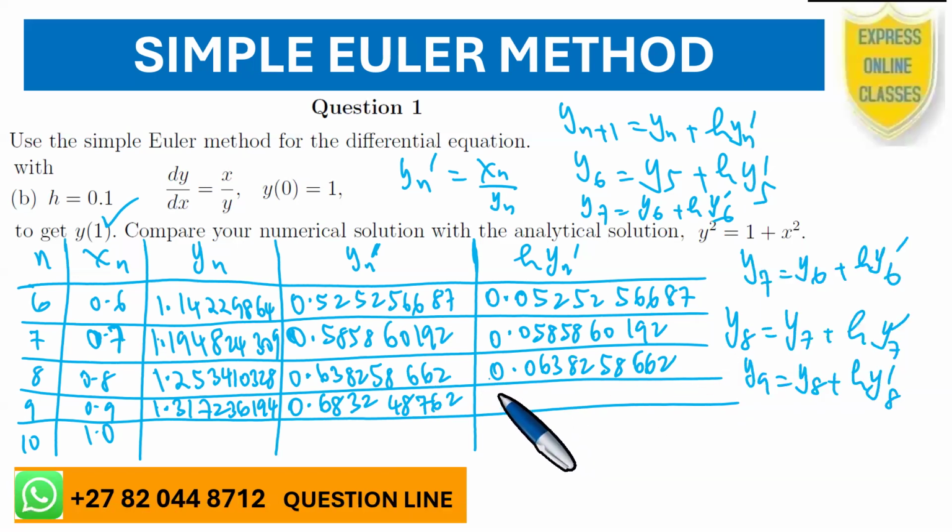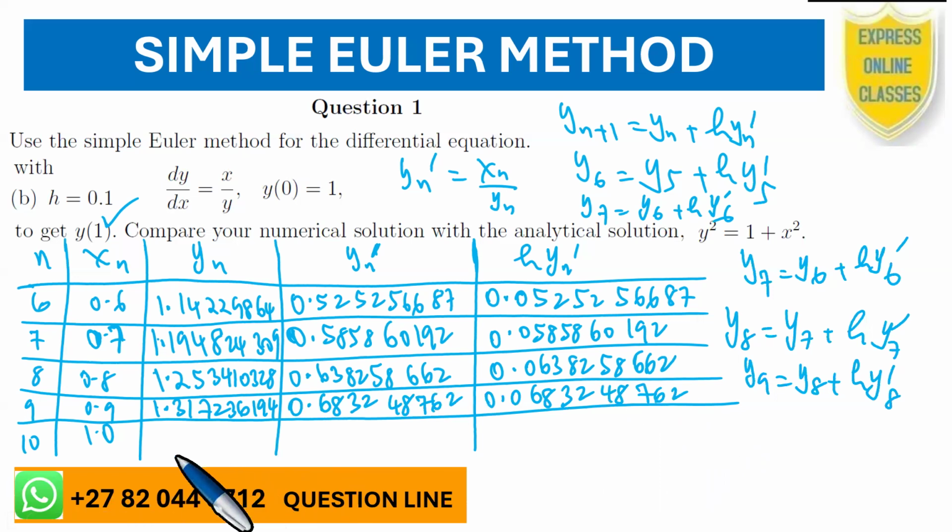Okay, I'm going to write it like so: 0.068, and then 32, then 48, and then from the calculator screen, 762.